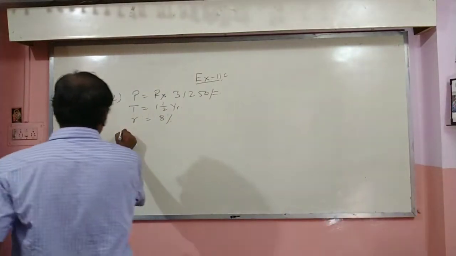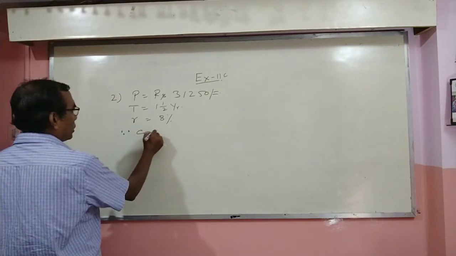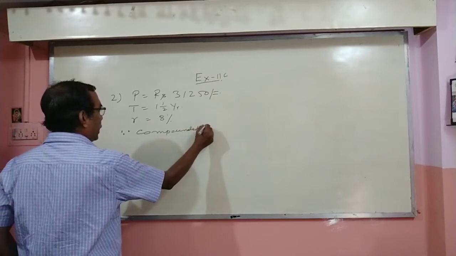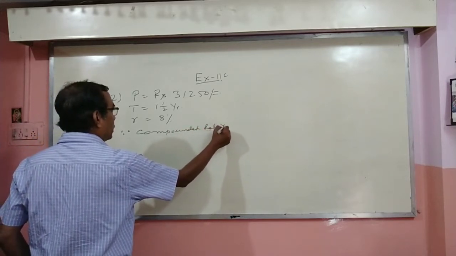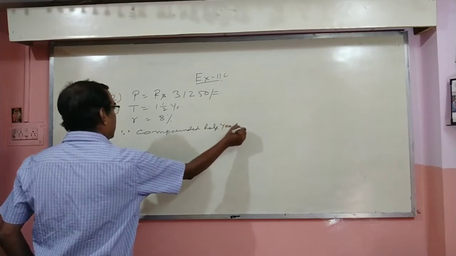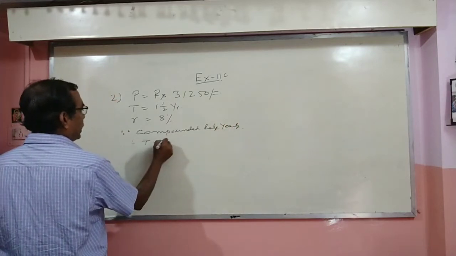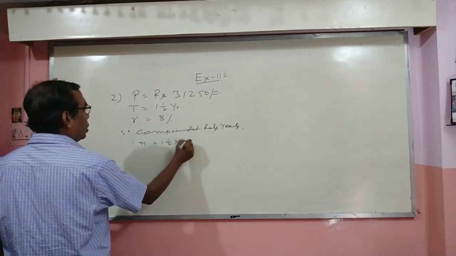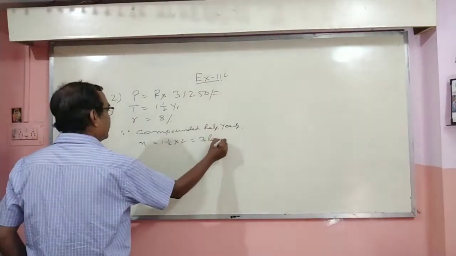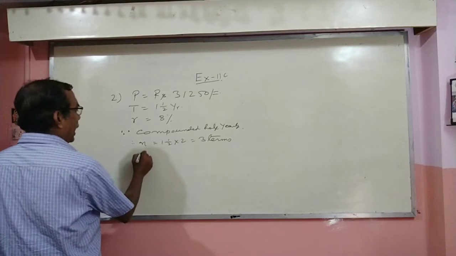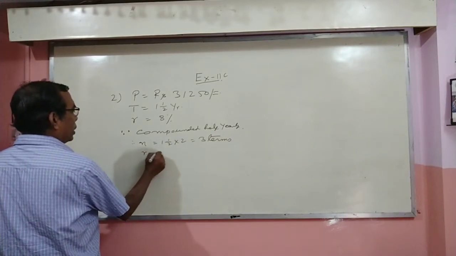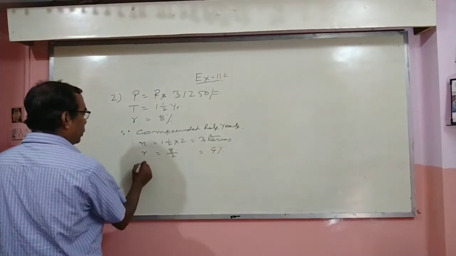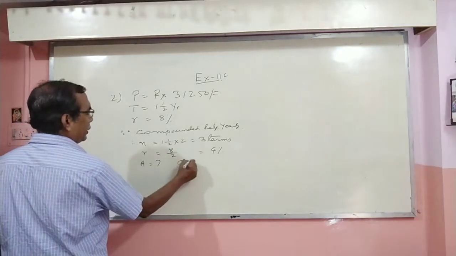Since it is compounded half yearly, this statement is required. Therefore time will be doubled. That is n. Here you have to write n, number of terms. 1.5 into 2 is equal to 3 terms, or you can say 3 half years. And rate will be equal to 8 by 2, which is equal to 4%. You will have to find amount and the CI.